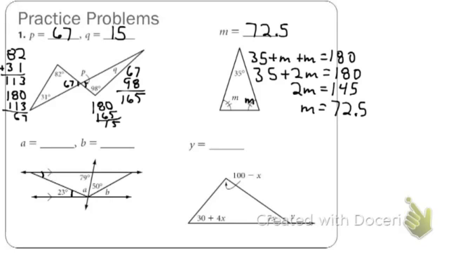Let's make that a little clearer, 23 degrees. So since that's the case, I could do 23 plus 79 gives me 102, and then subtract 102 from 180 and get A is 78 degrees.